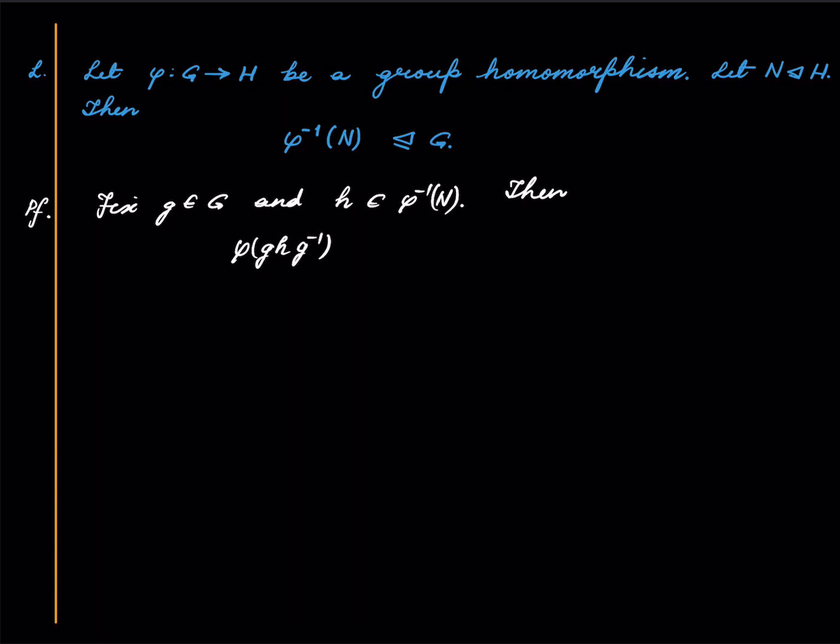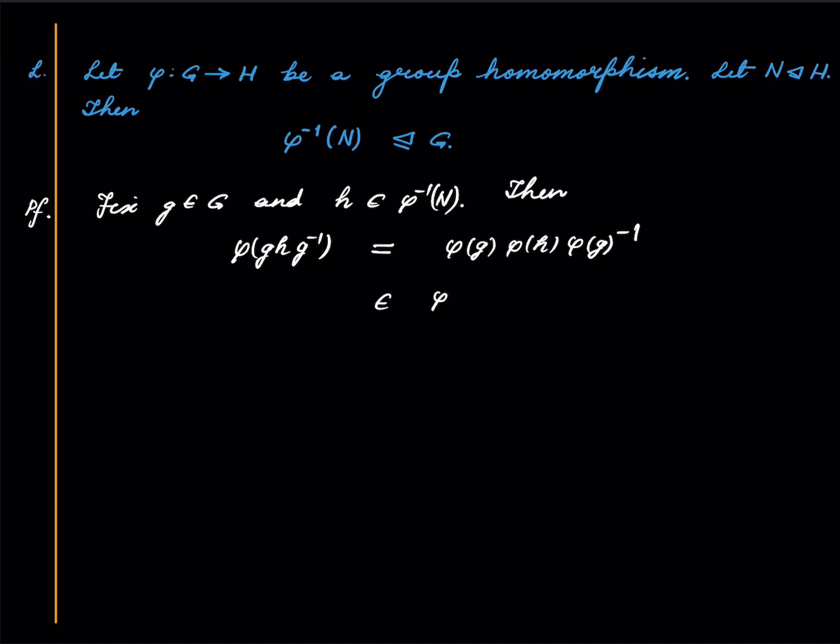What we want to do is show that g h g inverse is actually here. So we want to show that this is in N, that's equivalent. So this is equal to phi(g) phi(h) phi(g) inverse, which, by the fact that N is a normal subgroup of the group H, belongs to N.